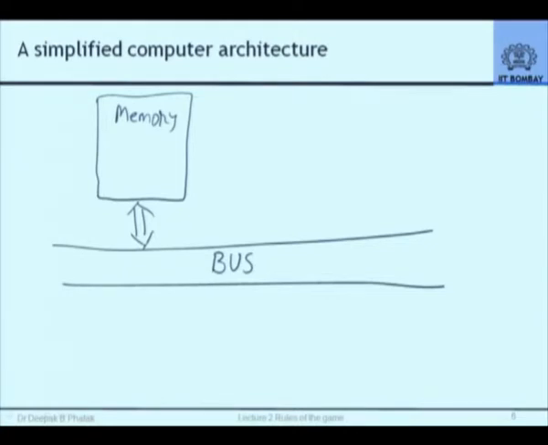The computer's processor is also connected to the bus. So the processor is capable of reading from the memory, get some locations in, do the processing, add, subtract, multiply, whatever, and push the results back to the memory.